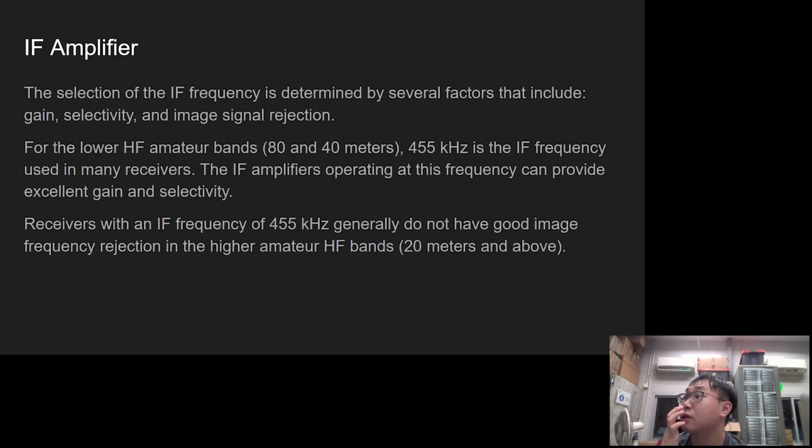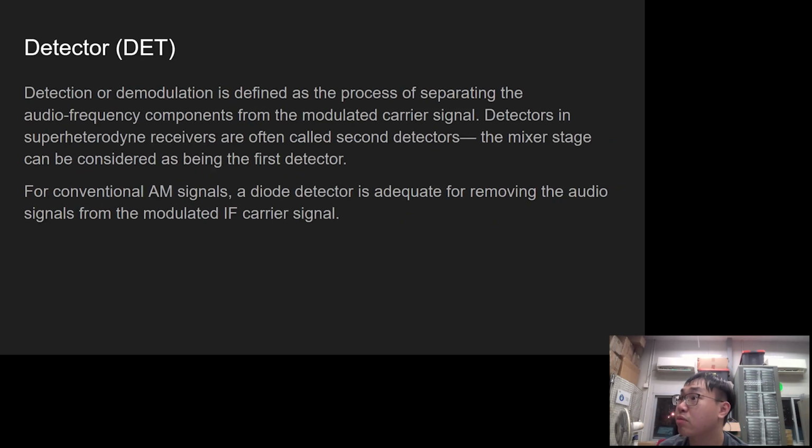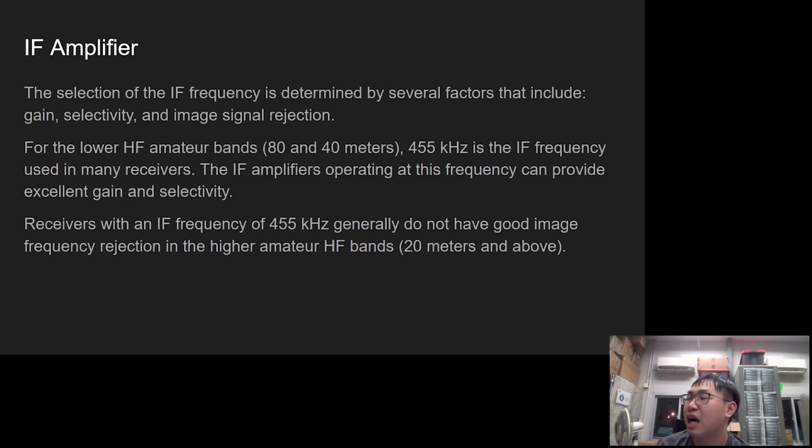Just to remind you, 455 kilohertz for the IF frequency is used for AM, HF, this band. It's included in your textbook, so I find where the 455 comes from and why they use 455. But this is normally used for AM.